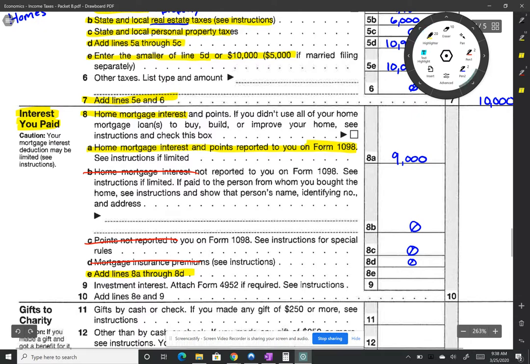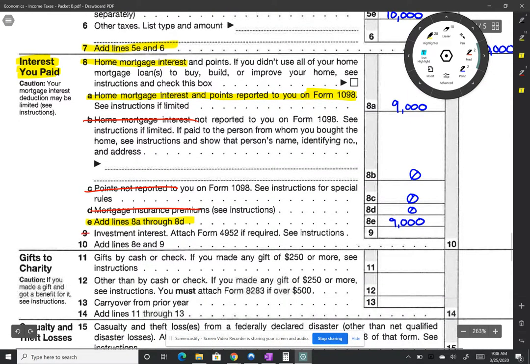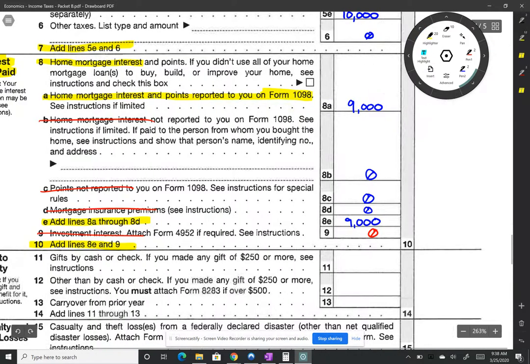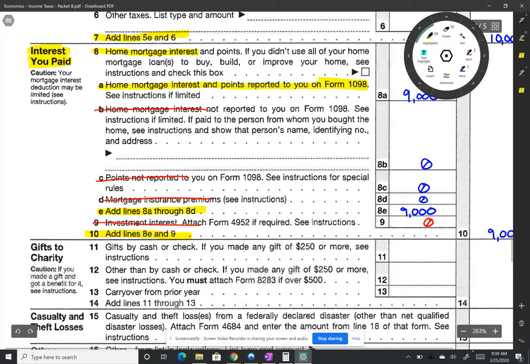Well, that's pretty simple. It's just going to be $9,000. Investment interest, we don't have any, so 0. Okay, and then add lines 8E and 9. Again, fairly simple, $9,000.